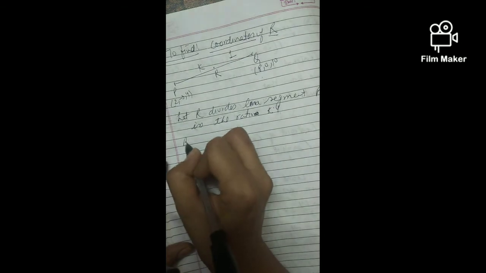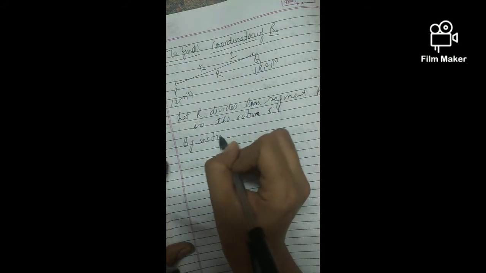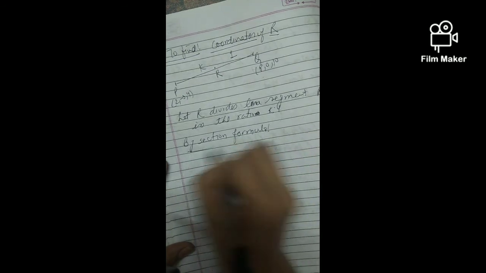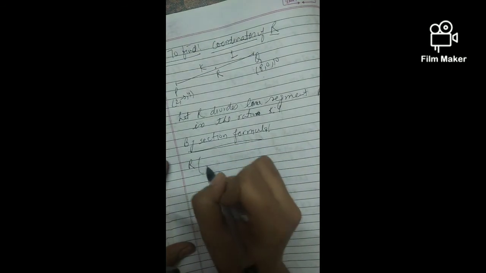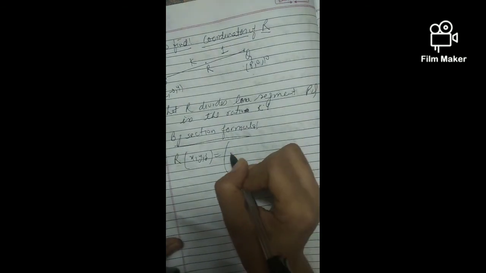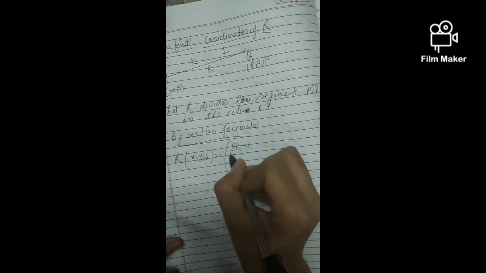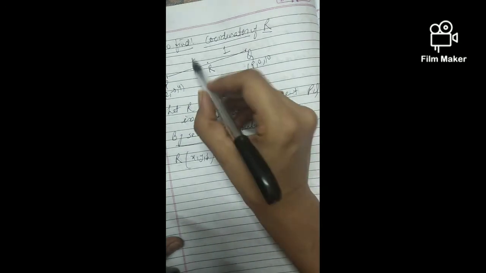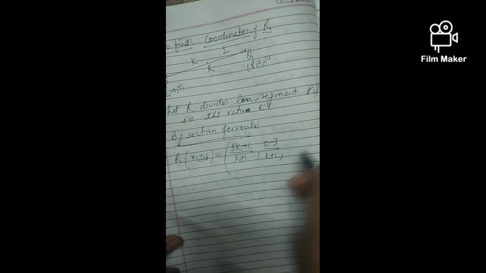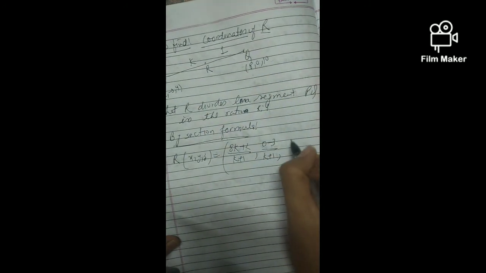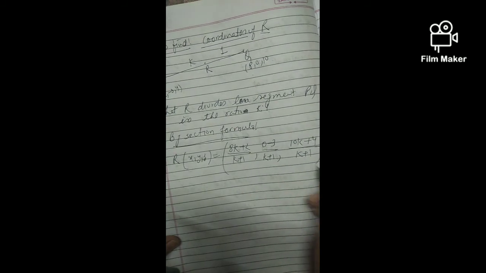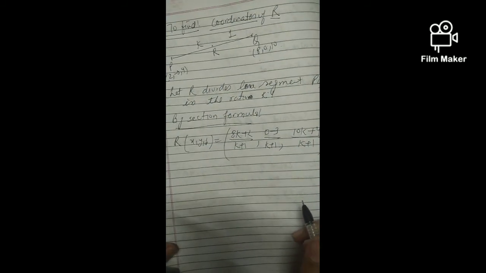So by section formula, once again we will get the coordinates of point R. Let us say x, y, z are these. So it will be 8k plus 2 divided by k plus 1, k into 0, that is 0, minus 3 upon k plus 1, k into 10, that is 10k plus 4 divided by k plus 1. So these are the coordinates of the point R.